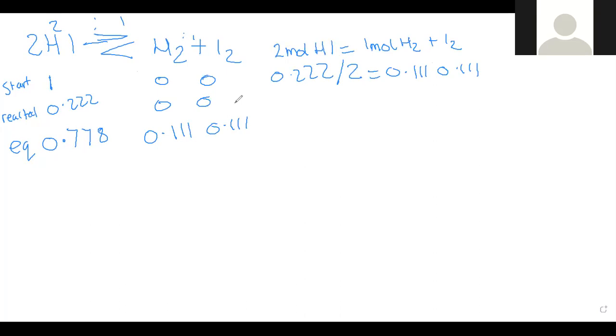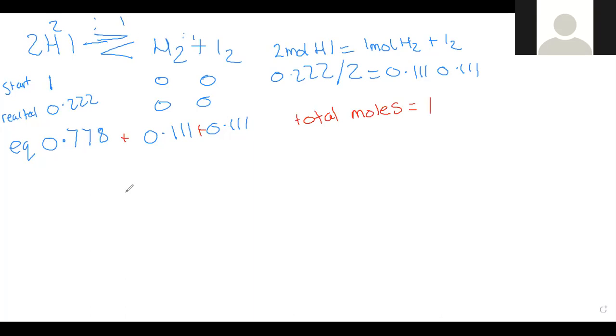I'm going to change my pen colour now because we're going to work out our mole fractions. First of all, we need to work out our total moles in our equation. Total moles would be 0.778 plus 0.111 plus 0.111, and double check this on the calculator, equals 1. So our total number of moles is 1.